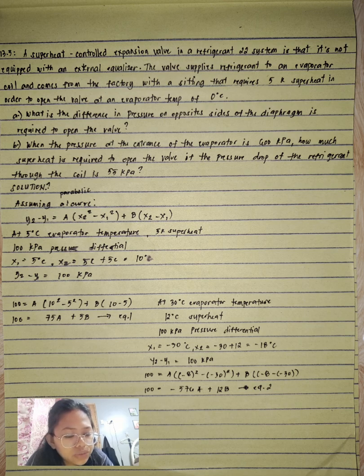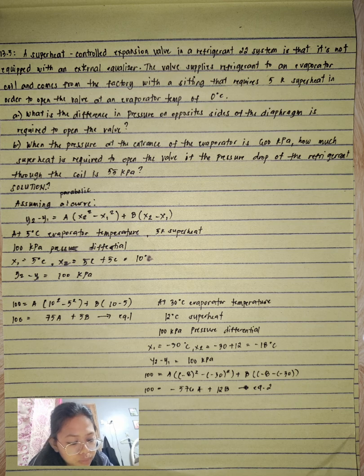At 5 degrees Celsius evaporator temperature, 5K superheat, 100 kilopascal pressure differential, x sub 1 is equal to 5 degrees Celsius and x sub 2 is equal to 5 degrees Celsius plus 5 degrees Celsius, which is equal to 10 degrees Celsius. So y sub 2 minus y sub 1 is equal to 100 kilopascal.